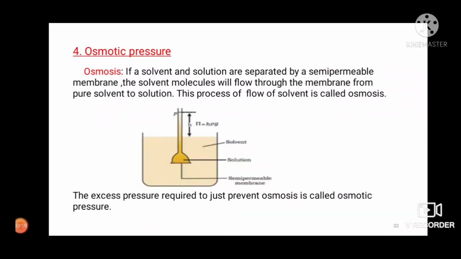An example of osmosis: raw mangoes shrivel when pickled in salt water, and wilted flowers revive when placed in fresh water. Blood cells collapse when suspended in saline water.